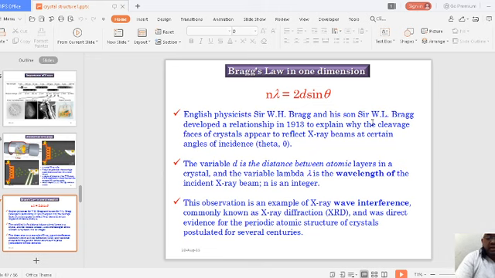Whenever a light ray is incident on these atomic planes, it definitely gets reflected. What is the meaning of this first atomic plane? Geometrically, let us consider some horizontal assumption.